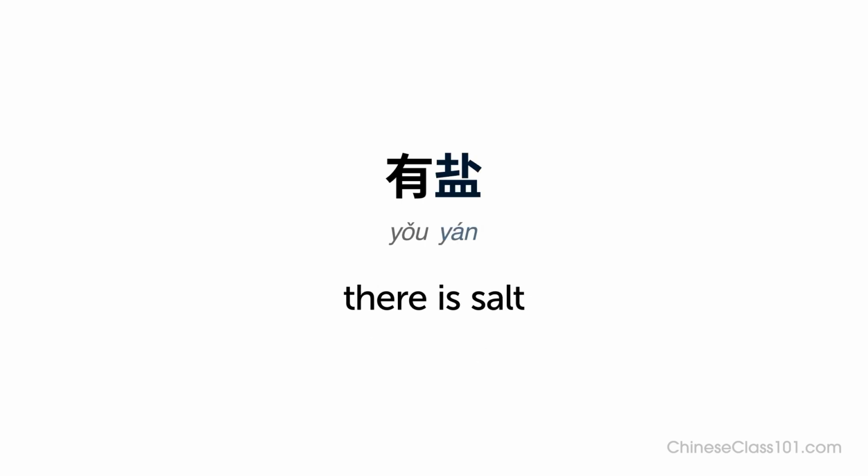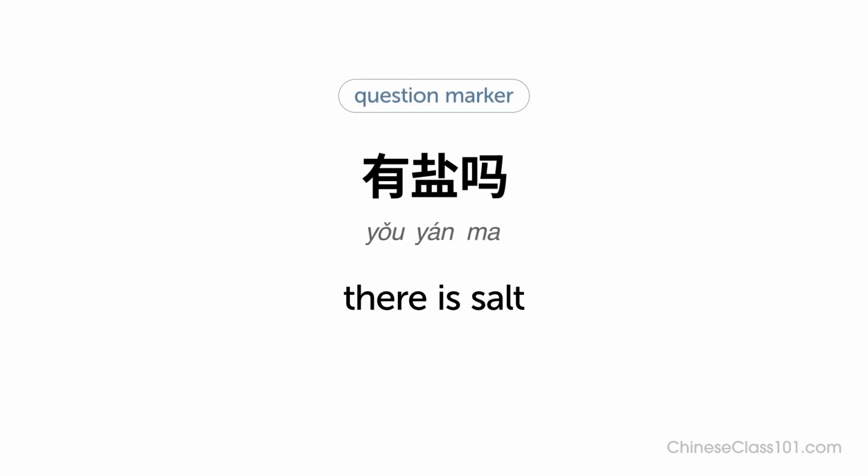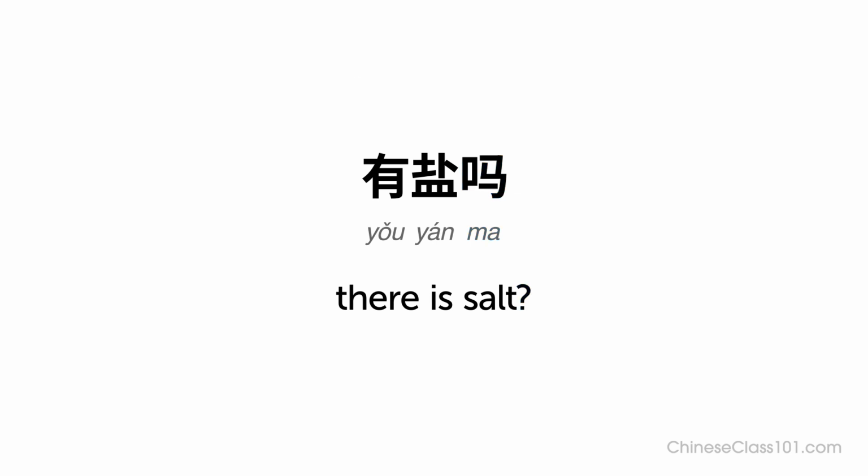After that is 盐, salt. Together 有盐 literally means there is salt. Last is the question marker 吗, which turns a statement into a yes or no question.